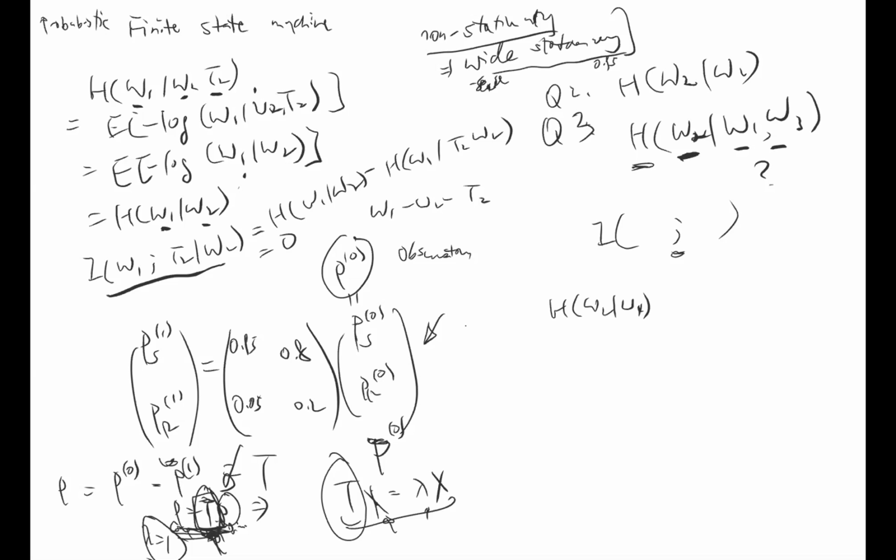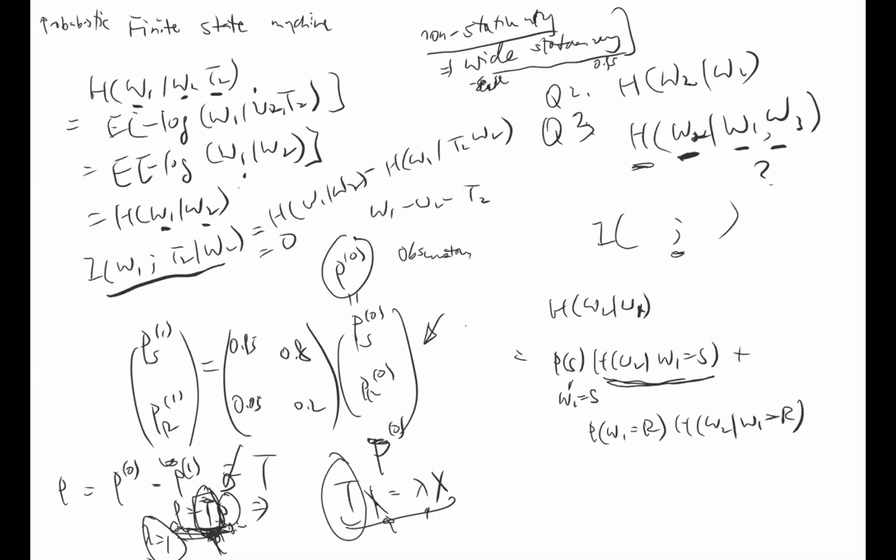If you remember, we went over it in more detail last time, but this is the same as saying HW2 given W1 is sunny, times probability of sunny, plus probability W1 equal to rainy times HW2 given W1 equal to R. So when you say given something like that, probably you mean this, right? Is that what you mean?